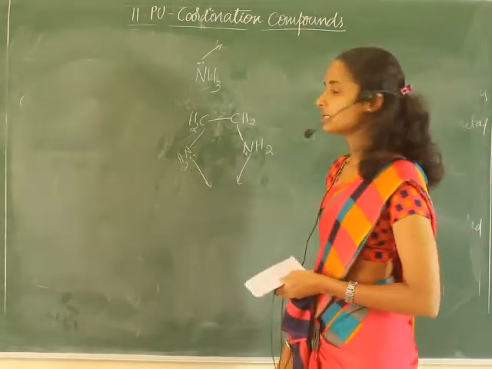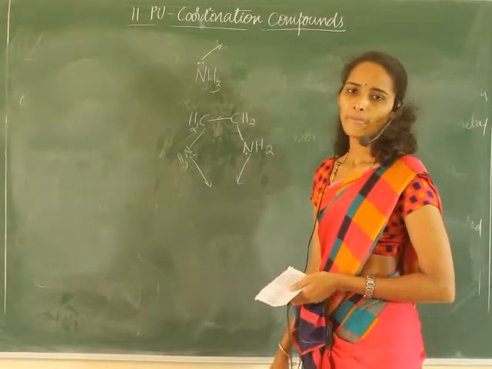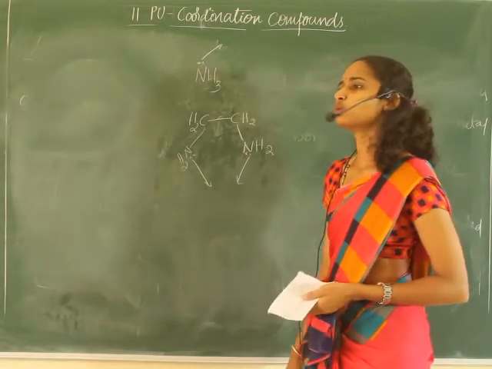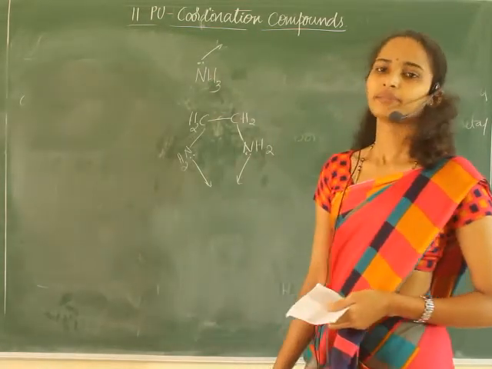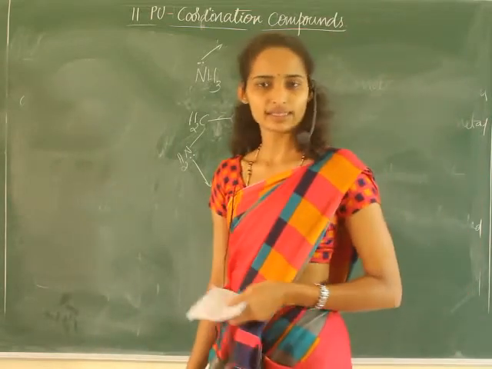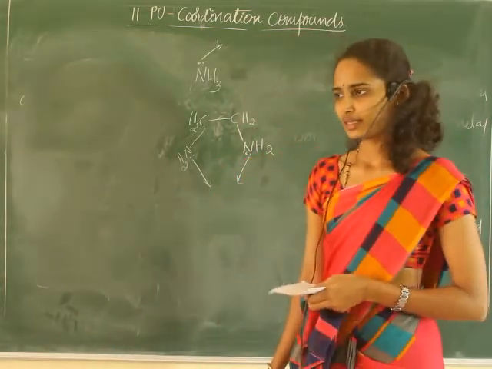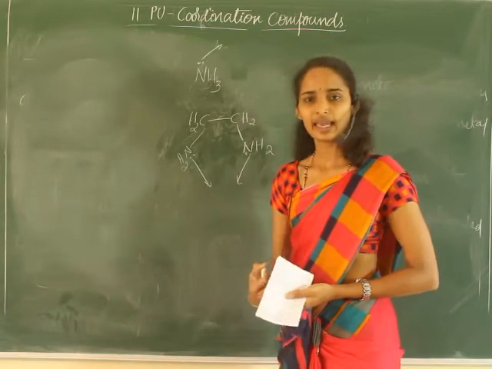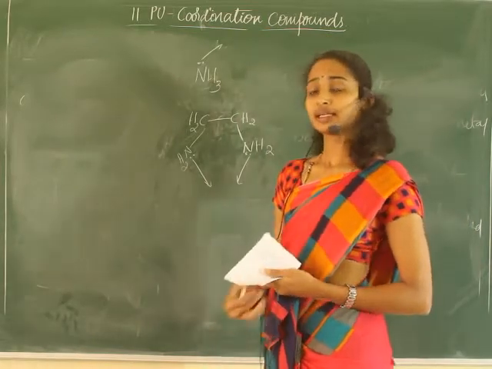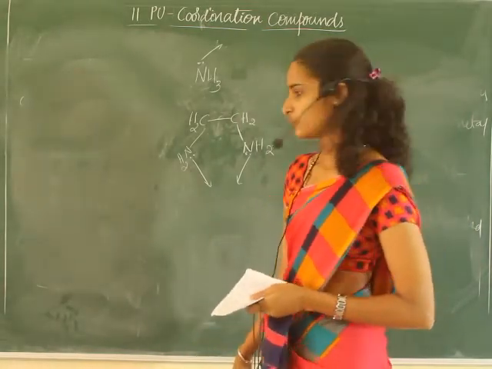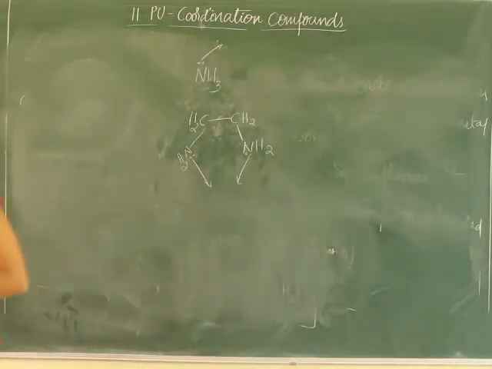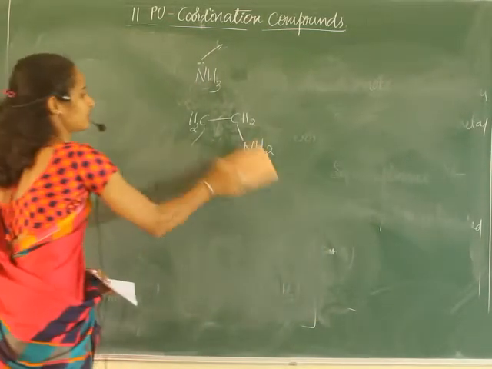Then it is called a bidentate ligand. And one more, polydentate ligand. It may be tri, tetra, penta, etc. We'll discuss later. We can take EDTA as an example. Hope it is clear for you.